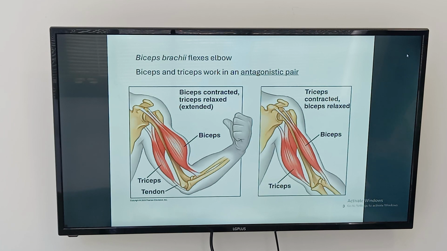Biceps and triceps work in an antagonistic pair. When the biceps is contracted, the triceps is relaxed. Since they work in an antagonistic pair, they show opposite behavior. So once one is contracted, the other one is relaxed, extended.